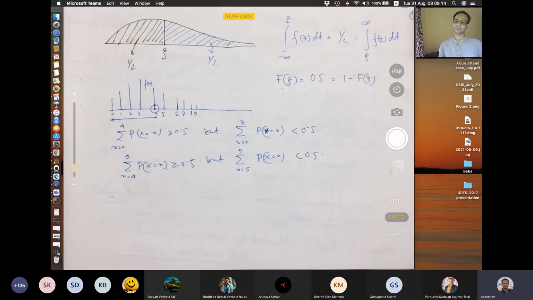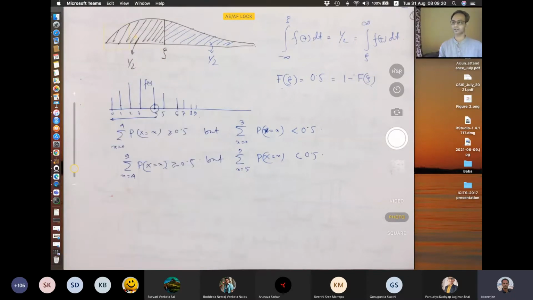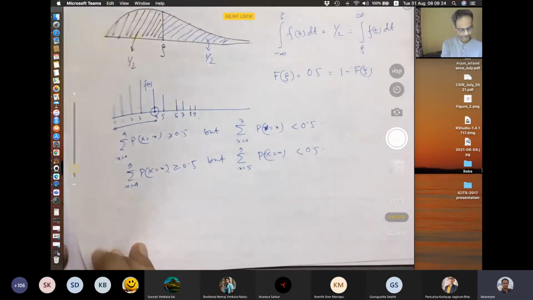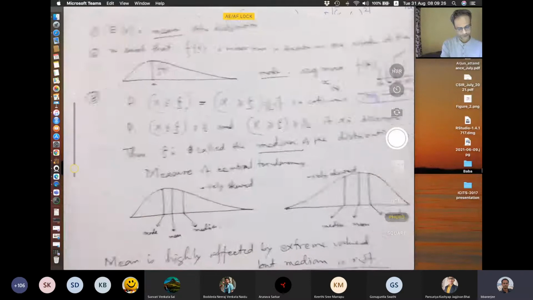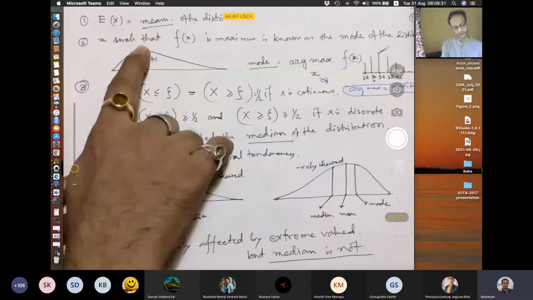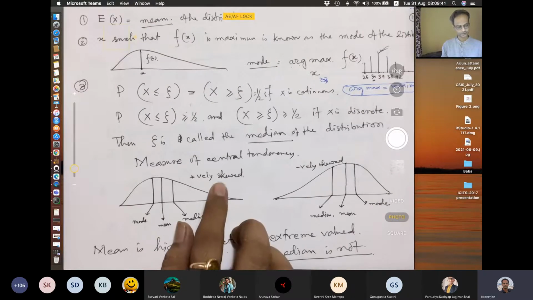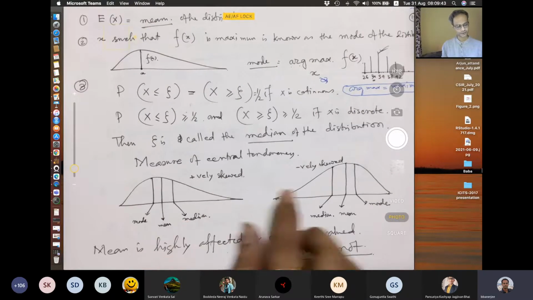And mode is the value for which the probability mass function or the probability density function attains the maximum height. So these are the three measures of central tendency.